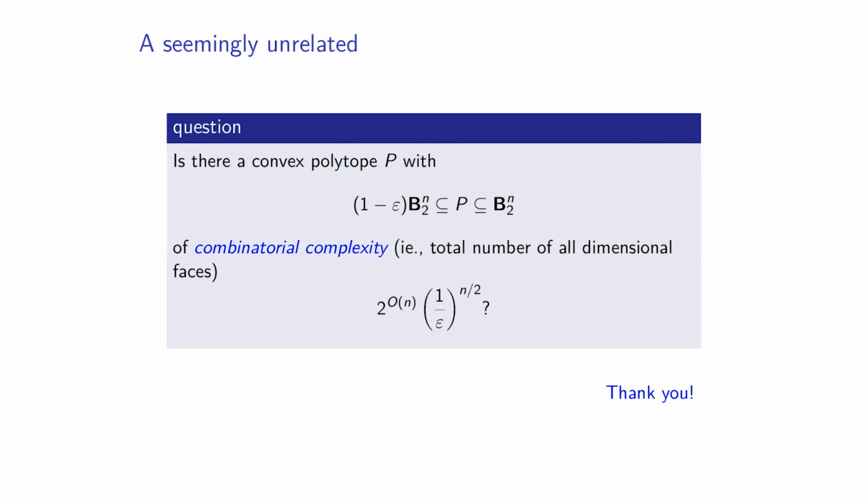Is there a convex polytope which contains the radius 1/2 Euclidean ball, is contained in the radius 1 Euclidean ball, and has constant to the n total number of faces?